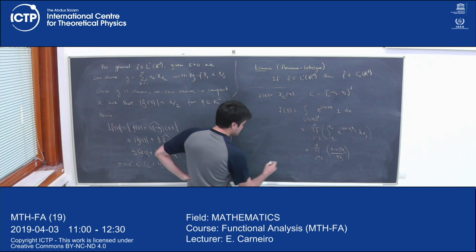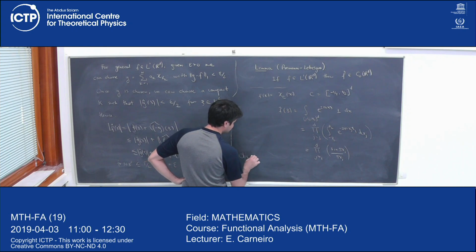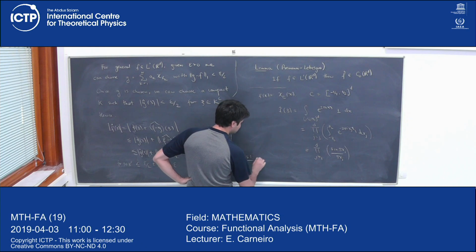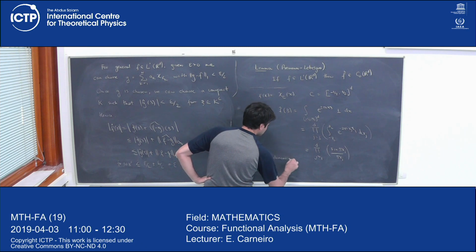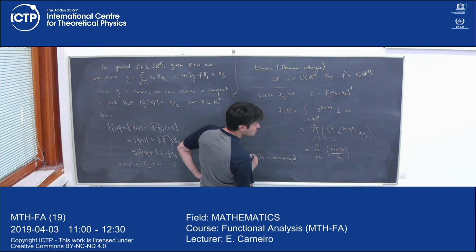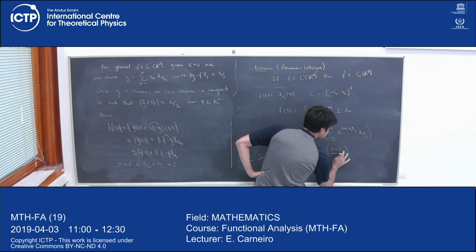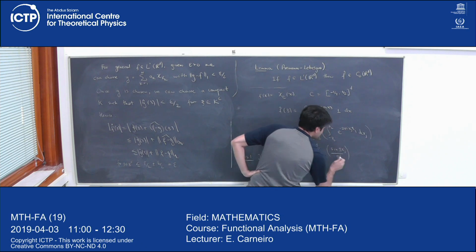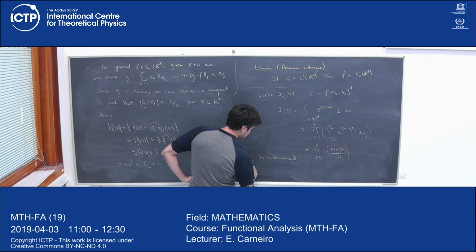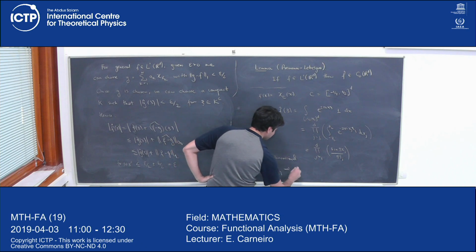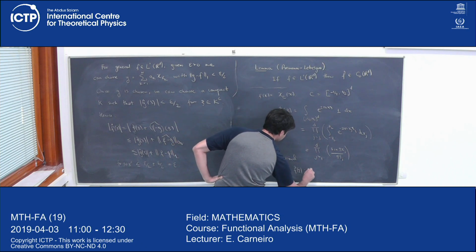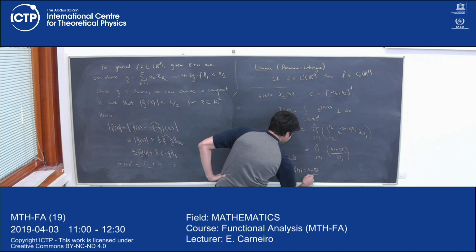So all that we use here is the observation that in one dimension, if f of x is the characteristic function of the interval from minus half to half, then the Fourier transform of f at xi is sine pi xi over pi xi.